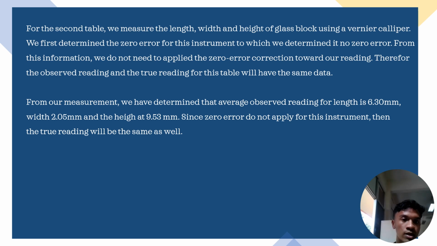From our measurements, the average observed reading for length is 6.3 mm, width 2.05 mm, and height 9.53 mm. Since zero error does not apply for this instrument, the true reading will be the same as well.